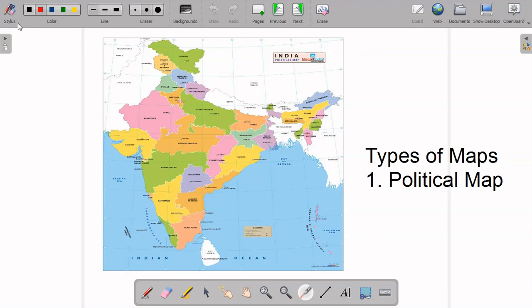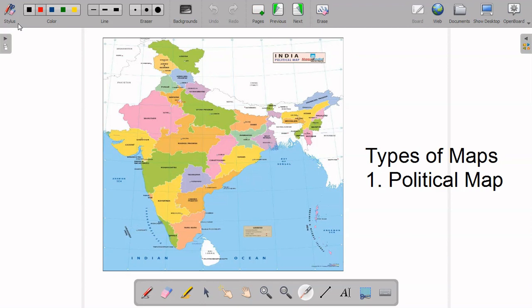There are political maps, physical maps, historical maps, road maps, natural resources maps, topographical maps, rail maps. These all are the types of maps. And all these types of maps focus on the specific features of that particular location or the particular area.